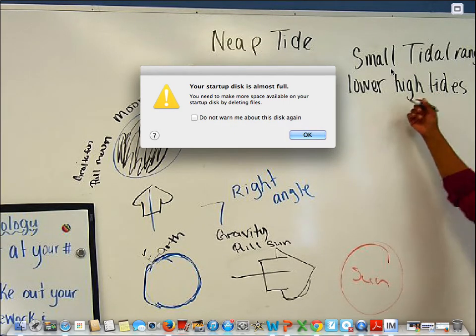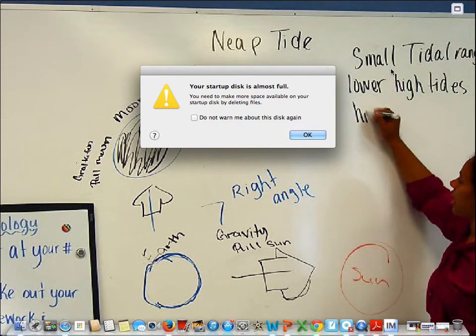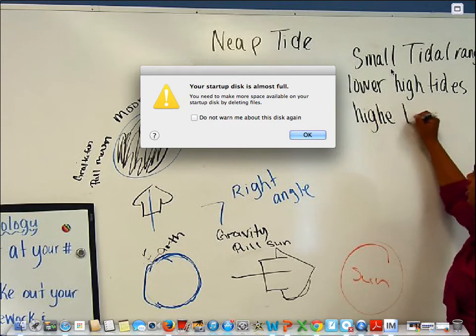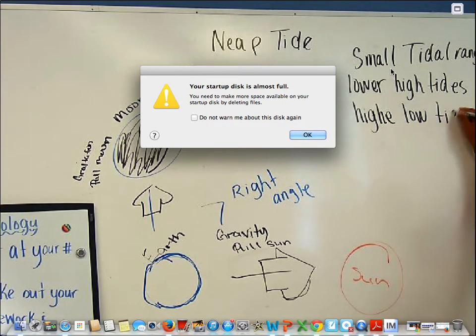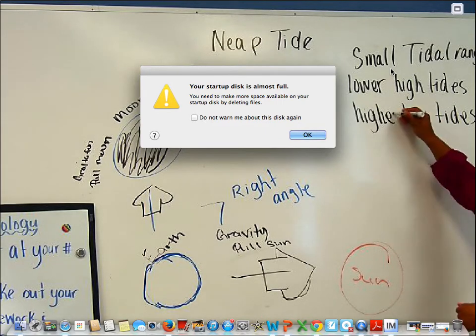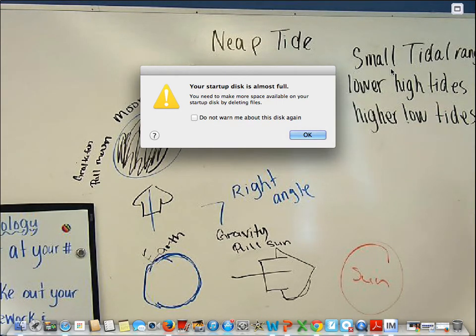And then Tara also said higher low tides. In the times when the tides would be so far back, the organisms in the intertidal zone, like Tabarsi told us, would be concerned, they don't have to really be that concerned because it's not going to wash back too far.